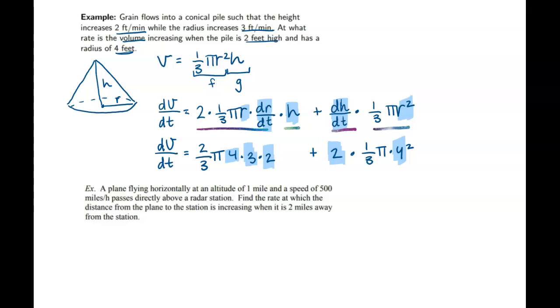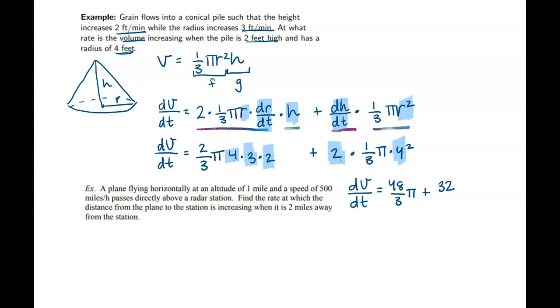So now we really just simplify. So dV/dt, let's see, 4 times 3 times 2 is 24, times 2 is 48. So we have 48/3 pi. I'm not going to simplify it to 16 yet. You could, though. Plus, 4 squared is 16, times 2 is 32 over 3.